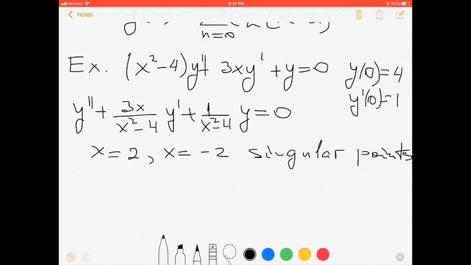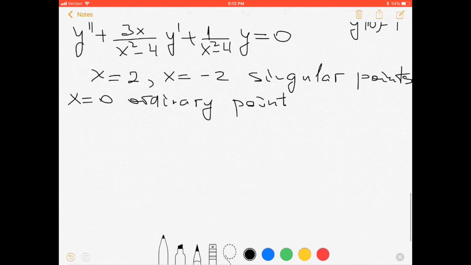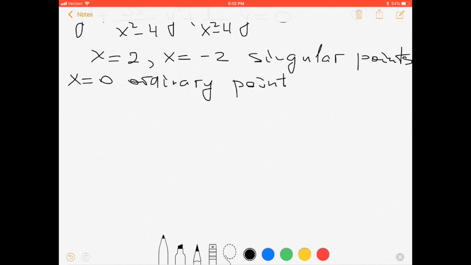Okay, taking some ordinary point, we can write the solution. We can easily see x equals 0 will be an ordinary point. I'm checking x equals 0 because this is my polynomial, it looks easier and it's easier to find all the coefficients. Okay, ordinary point. This means I can write my solution like y equals the power series sum of c_n x to the power n from 0 to infinity.